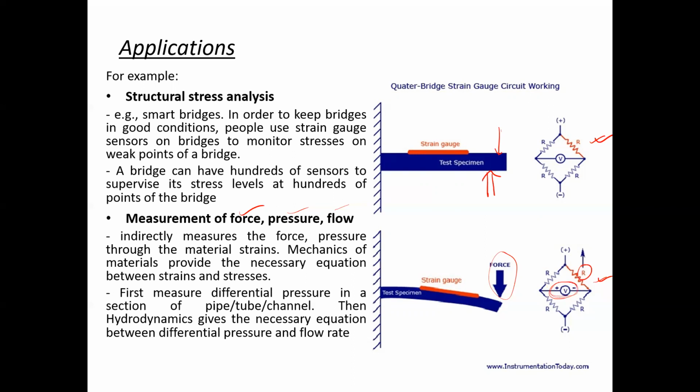From that, it can be suggested whether the force is applied in upward or downward directions, and from the magnitude of the voltage, it can be detected approximately how much pressure or force has been applied. In this way, different types of analysis can be done.